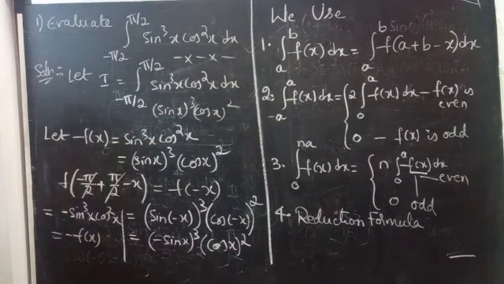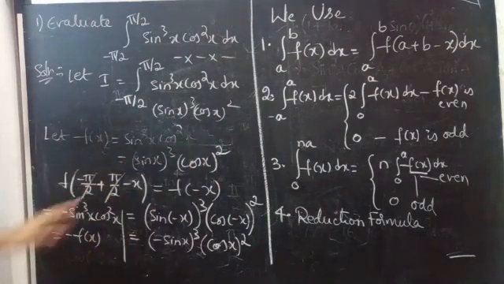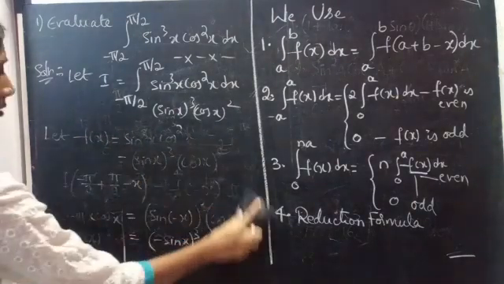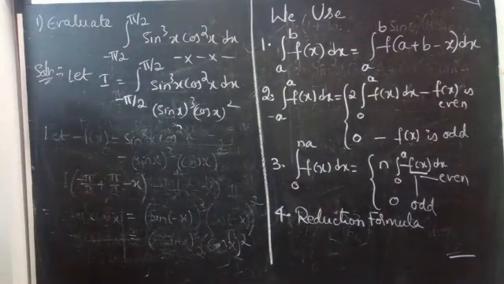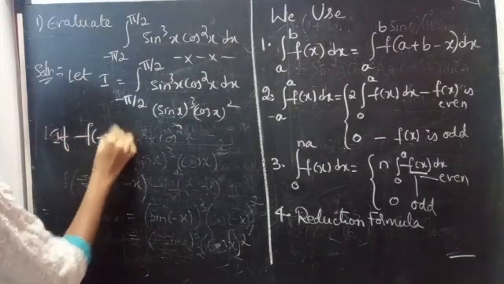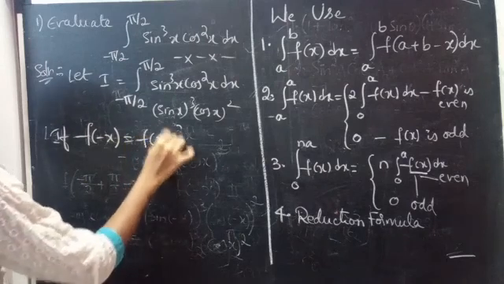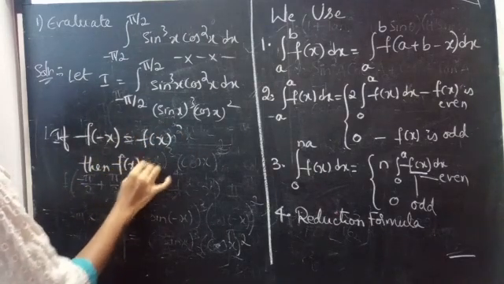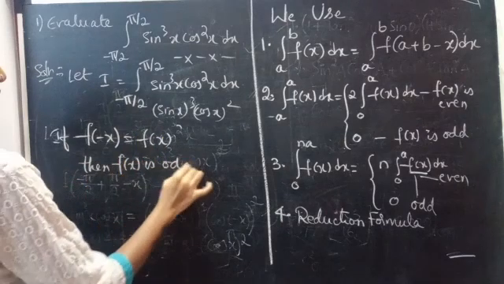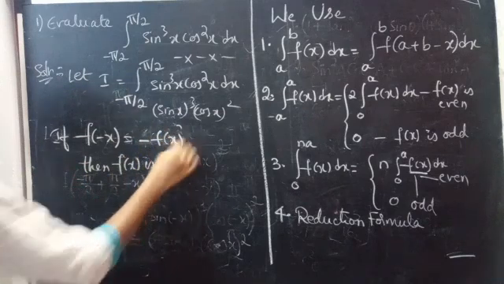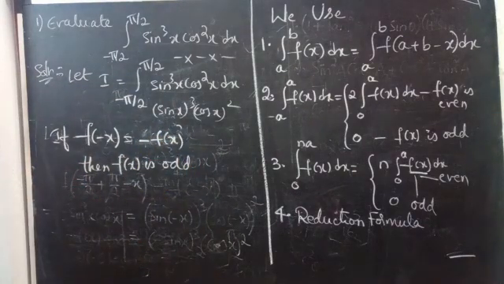If f of minus x is minus f of x, then we say f of x is odd. If f of minus x equals f of x, then we say f of x is even. Okay, you got f of minus x is minus f of x.